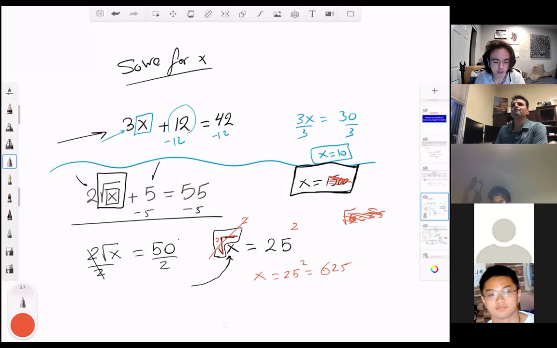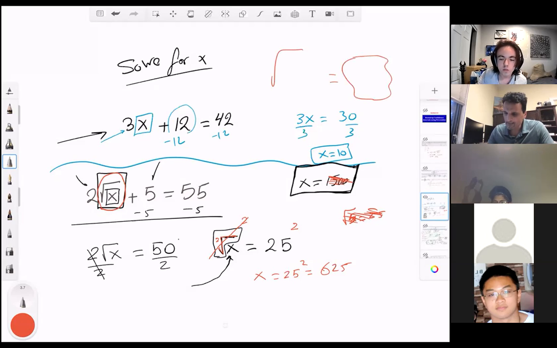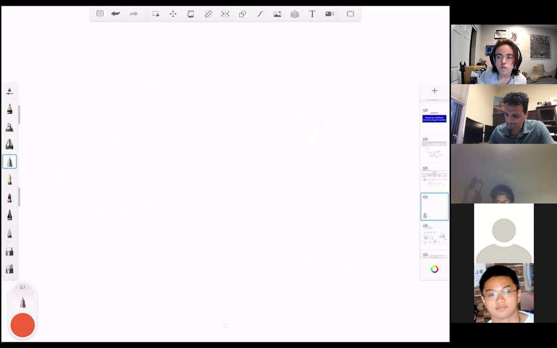I did 55 squared. I messed up. So we don't want to do that. Anytime you see a radical inside of your equation, and you know you have to square it at one point, that point should be at the end. The radical should be on one side, everything else on the other side. Very good. Let's have another question, radical.